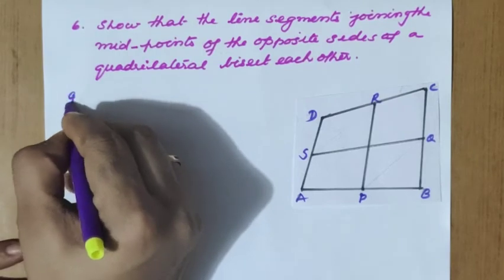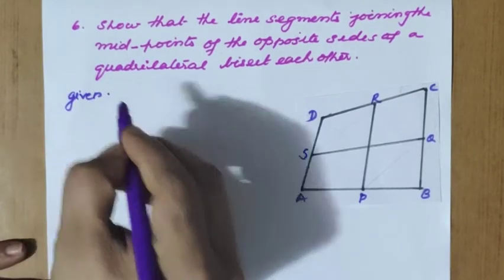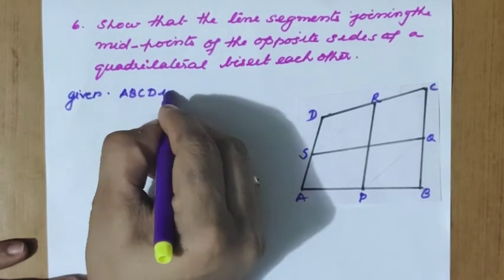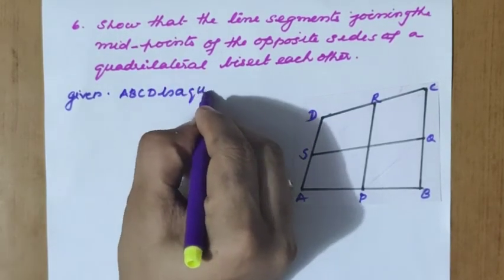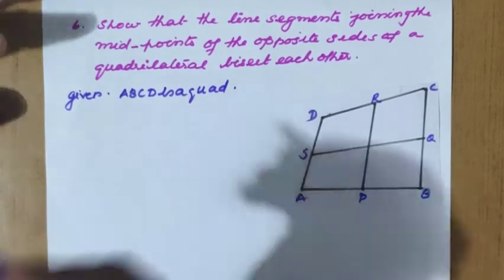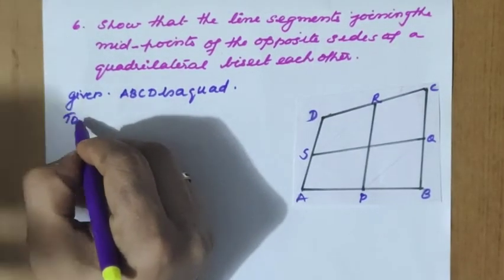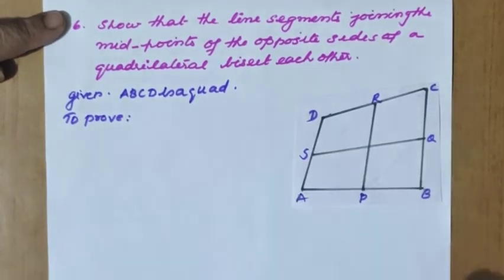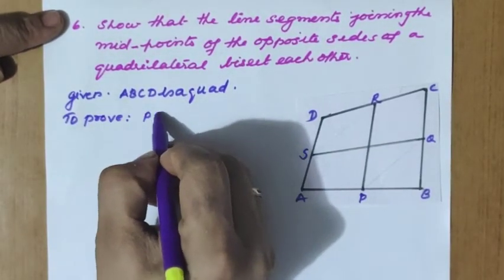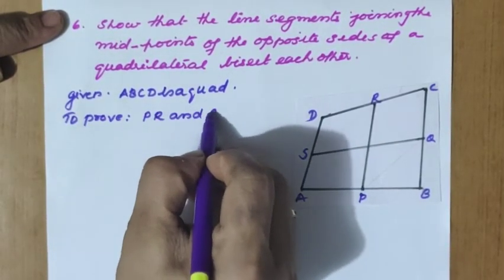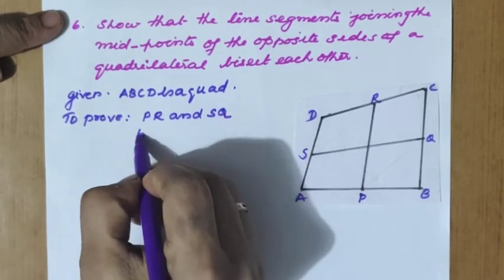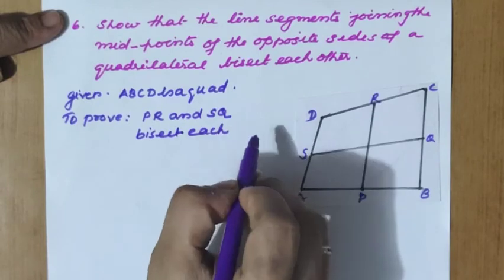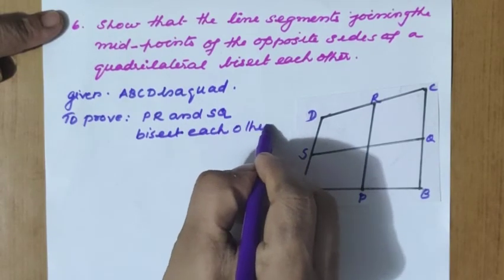So given: ABCD is a quadrilateral. To prove: PR and SQ bisect each other.